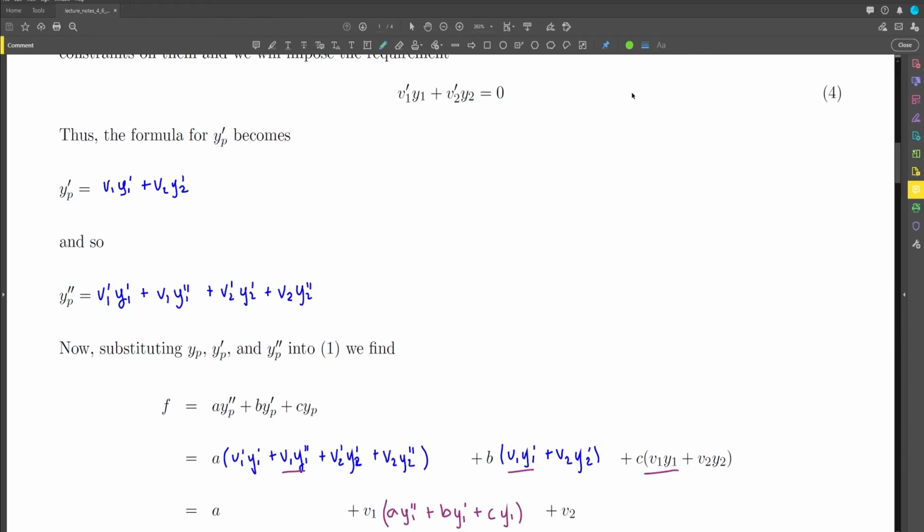Okay, now let's group all the terms with a factor of v2. So we have a v2 here, we have a v2 here, and we have a v2 here. So again, there's an a in front of this, so I have a y2 double prime, plus b y2 prime, this term, and then plus c times y2.